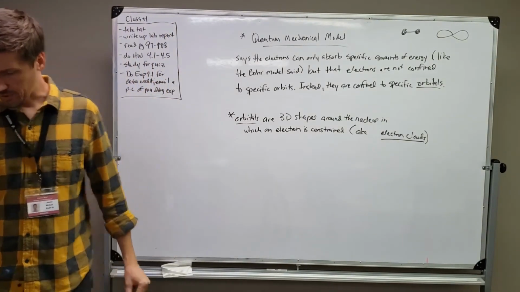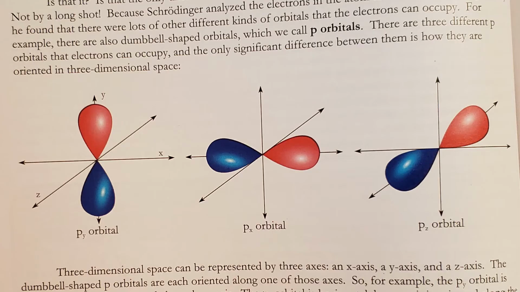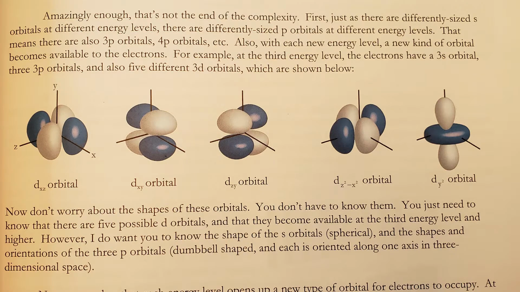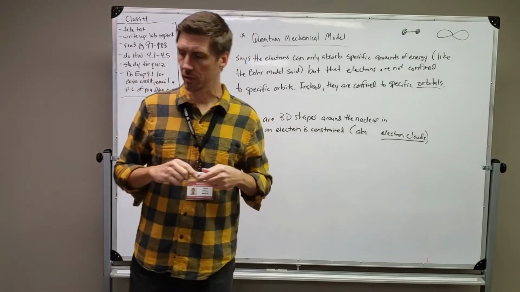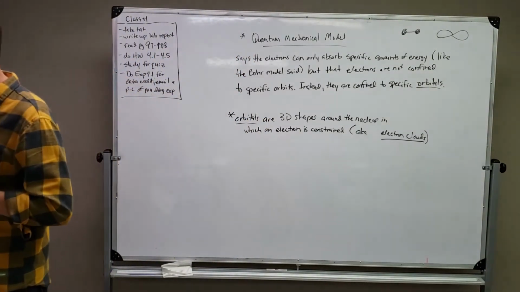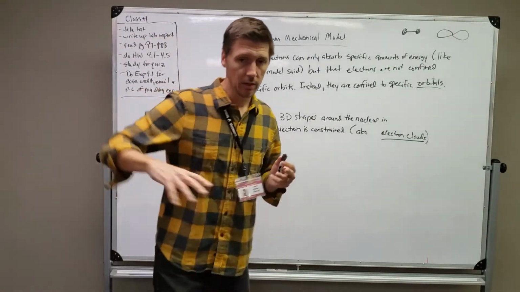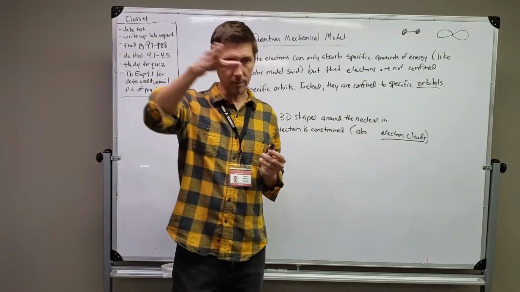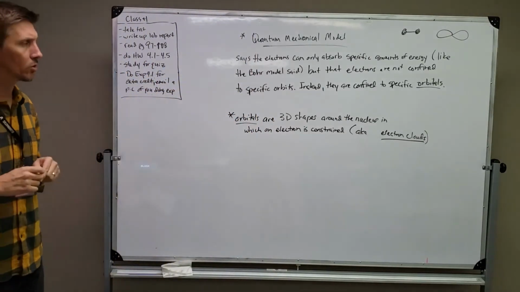If you look on page 102, you'll see the p orbitals, and the d orbitals are on page 103. There's actually f and g orbitals as well, but that's beyond the scope of this course. We're just going to focus on the s, the p, and the d orbitals. Just think of those as shapes of orbits around the nucleus that an electron may be in, depending on which orbital it is.